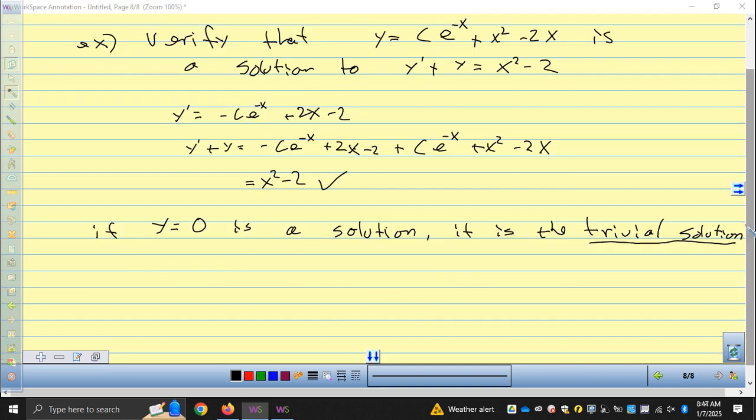Y equals 0 and the trivial solution, that they mean the same thing. The graph of a solution function is called the solution curve.